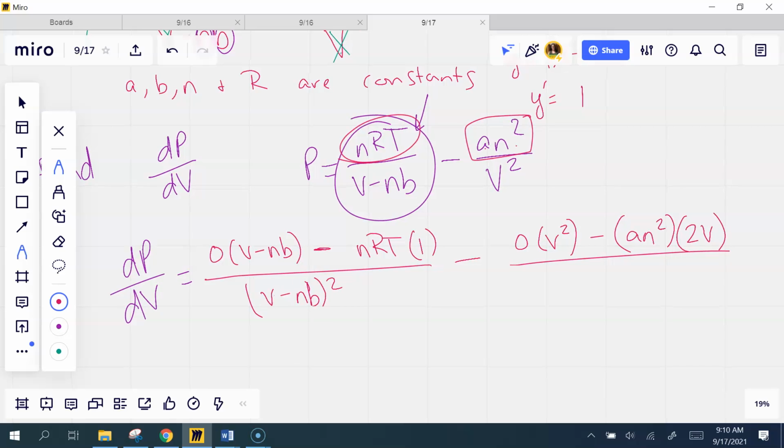That's why I said this was the key to this problem. It's not as intimidating as it looks if you realize what all is constant here, because the derivative of a constant is 0, and it makes life so much easier. And then square the bottom.